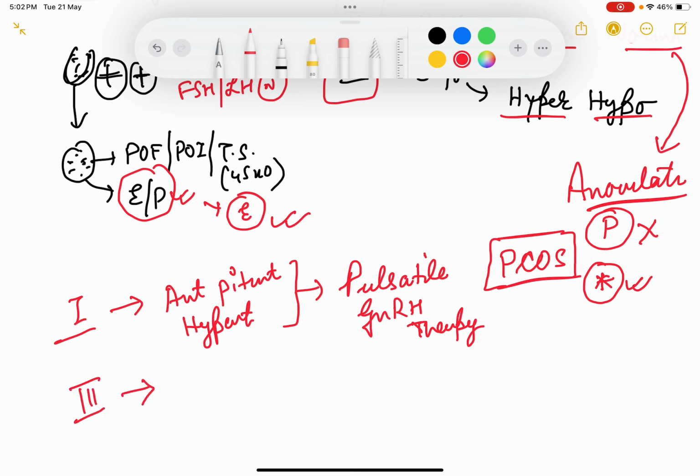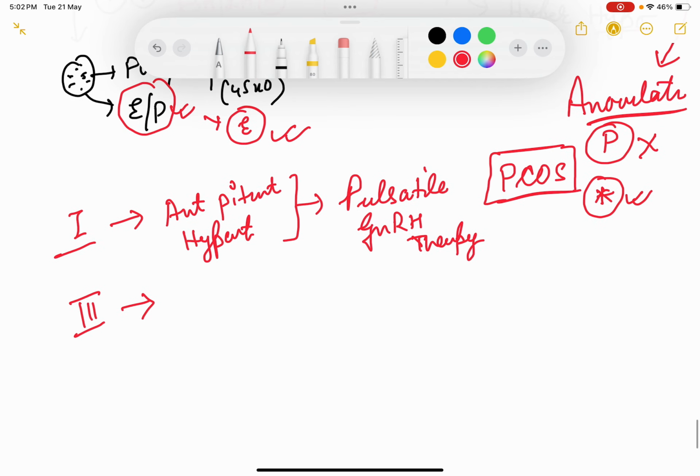If it is a class 3 defect, then the defect is at the level of the ovaries. So, you have to replenish the patient. Treatment is in the form of estrogen and progesterone, you have to give estrogen and progesterone therapy, because GnRH or FSH and LH are already high. It is the defect in estrogen and progesterone. So, E and P you have to give cyclically in the form of either oral contraceptive pills or something like that.